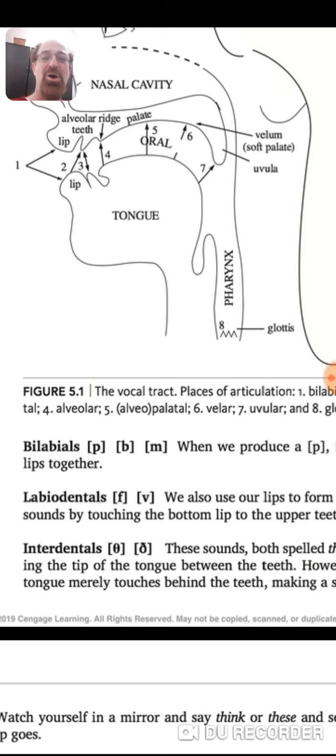Let's begin. Well, bilabials. The sound P, as in pie, people. Number 2, B, as in bad, bite, bed. Number 3, M, as in mad, mine.